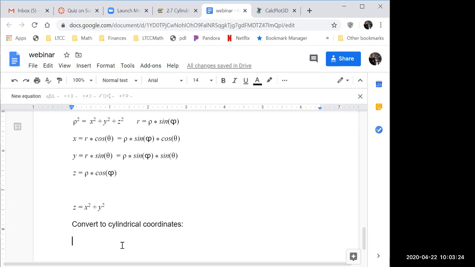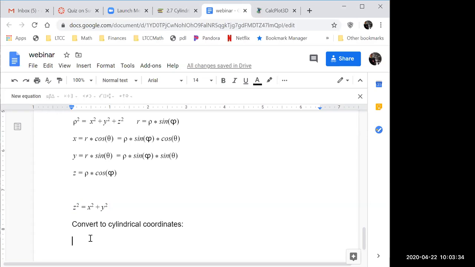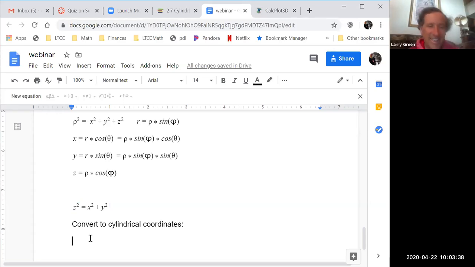Oh, you know what I want to do? Sorry, I didn't want a z. I want z squared. Convert x squared and y squared to r squared? Much easier, yeah. You could do the whole r cosine theta, y sine theta, but you don't need to. X squared plus y squared is r squared.